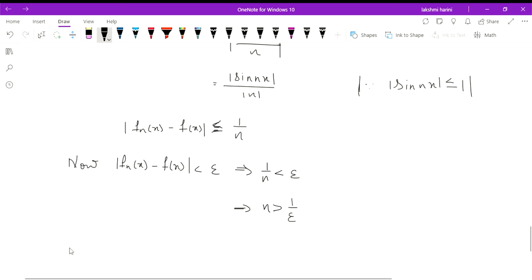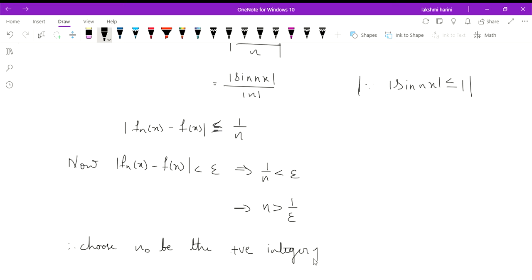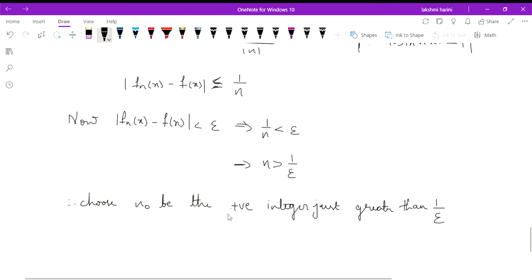Therefore we choose n naught to be the positive integer just greater than 1 by epsilon.